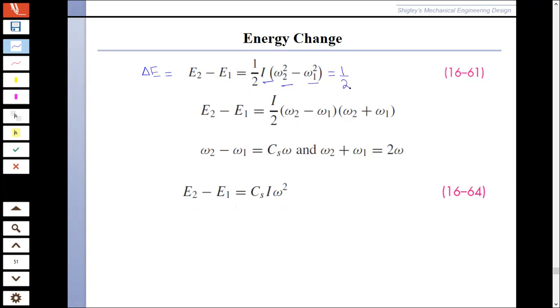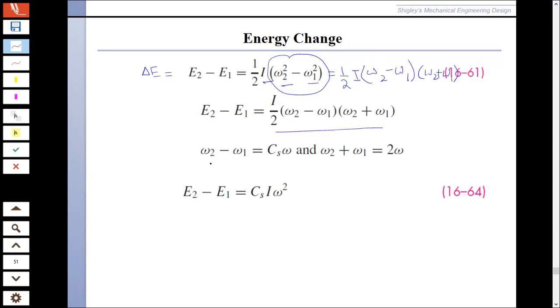I can say that it is half I, and I can factorize this, so I can write that (omega 2 minus omega 1) into (omega 2 plus omega 1), right? So I can write this in this form.